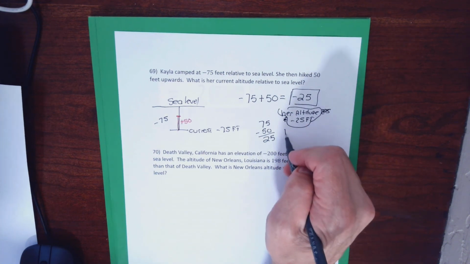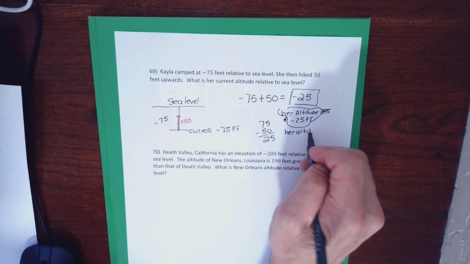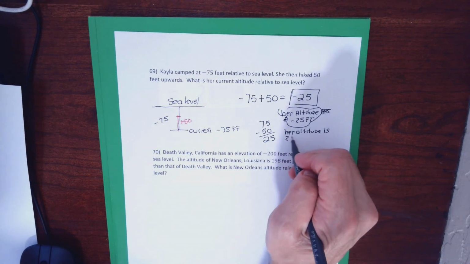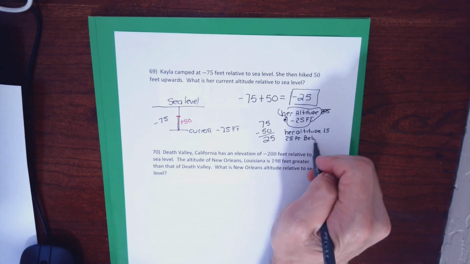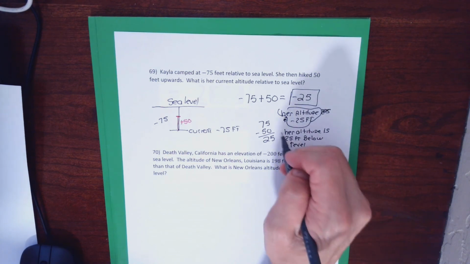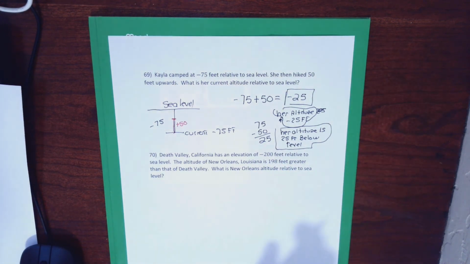But if I said this, her altitude is 25 feet below sea level, then I don't think I need a sign if I write it like that, because the word below implies the minus. I think both of those would be okay. But if I said her altitude is negative 25 feet below sea level, somehow that doesn't feel right to me.